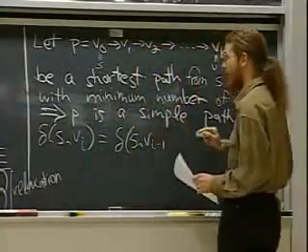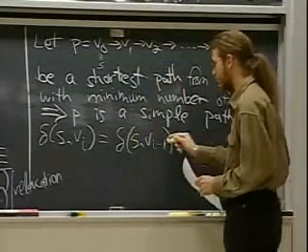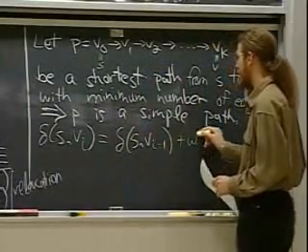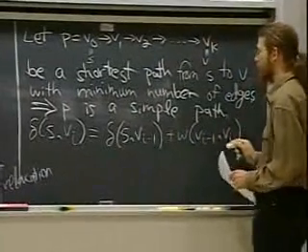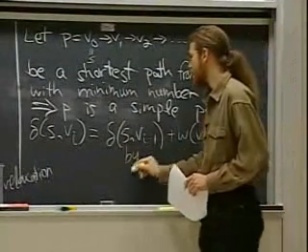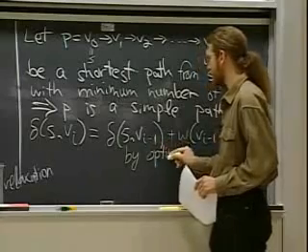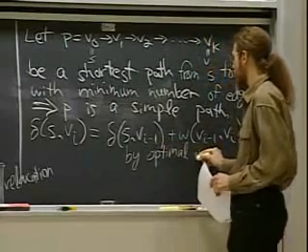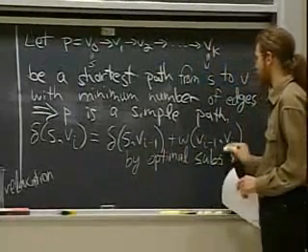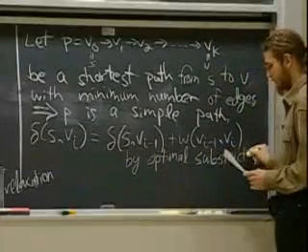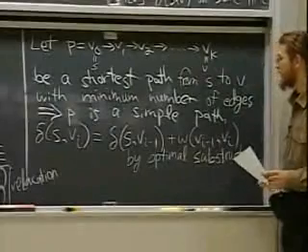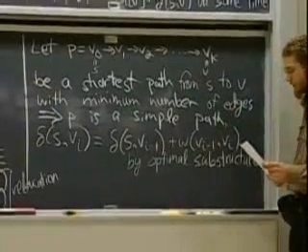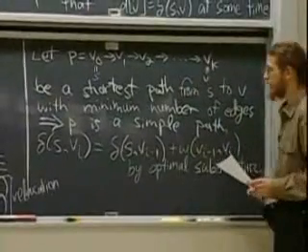It's the weight of the shortest path from s to v(i-1) plus the weight of the last edge, v(i-1) to vi. So this is by optimal substructure, which we proved last time. Okay, and I think that's pretty much the warm-up.